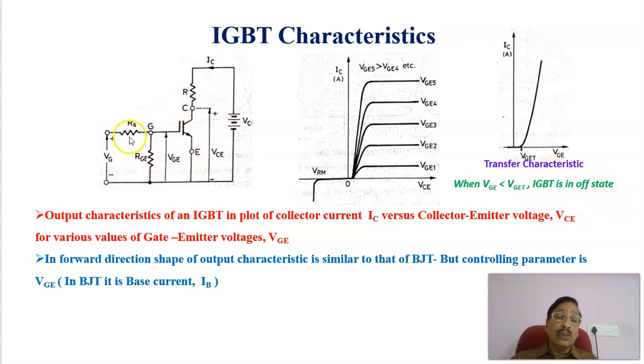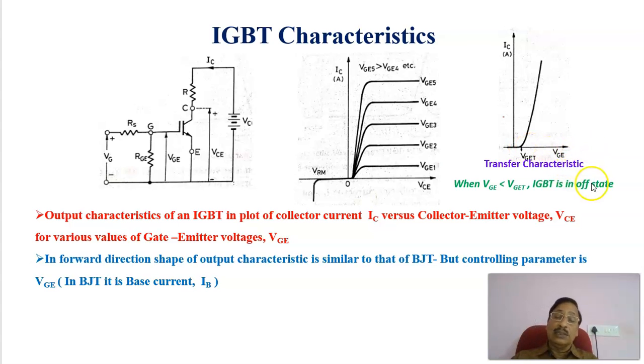In order to turn on this device, this voltage should be more than the threshold voltage. That's the relation between the output, the collector current, and the input, the gate to emitter voltage.